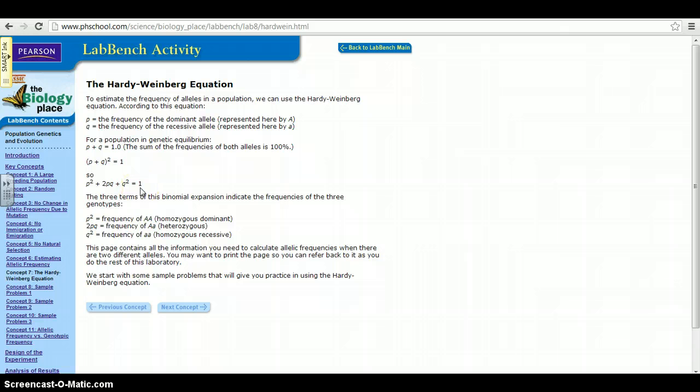So what that means, essentially, is P squared is the chances of having a homozygous dominant individual, so the chances of 2 big A alleles being together. 2PQ is the frequency of heterozygous individuals. There's 2 ways that you can get heterozygous individuals.